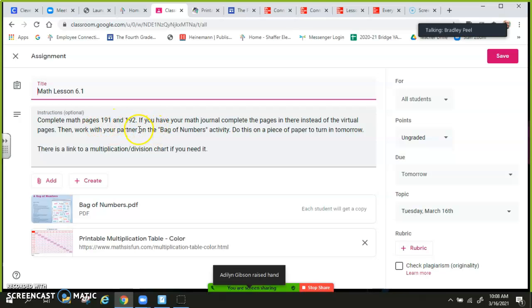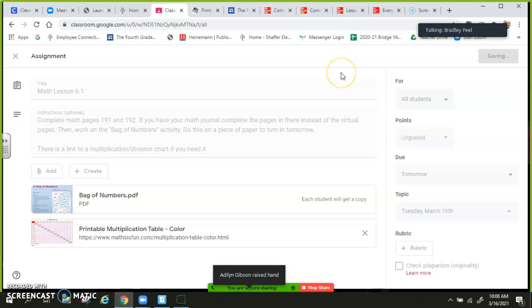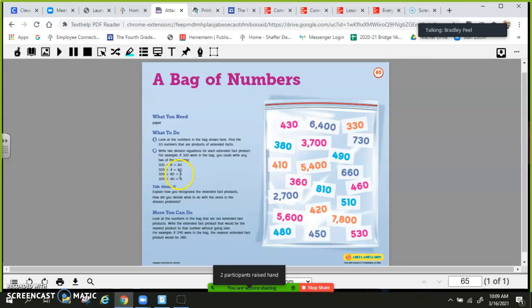Then work on the bag of numbers. So instead of having a home link, no home link tonight, open that bag of numbers. When you click on it, there's an activity to follow along with to help build your multiplication fact work in this idea. Okay.